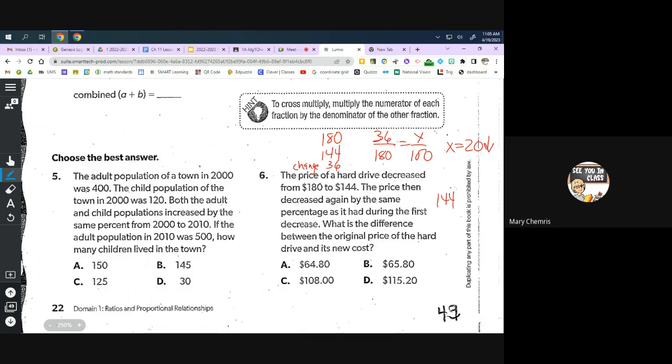So if we find 20% of 144, the new price is 115.20. And if I take 180 minus 115.20, I get 64.80. So after dropping twice, the difference is 64.80.